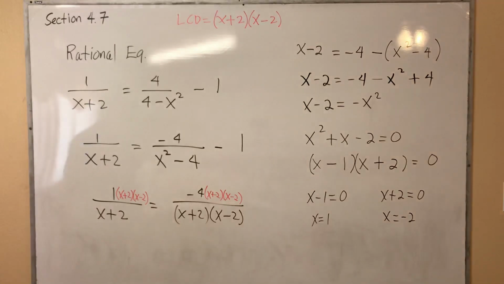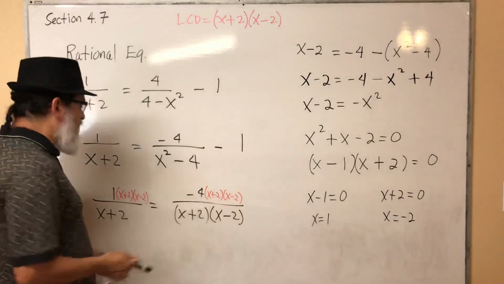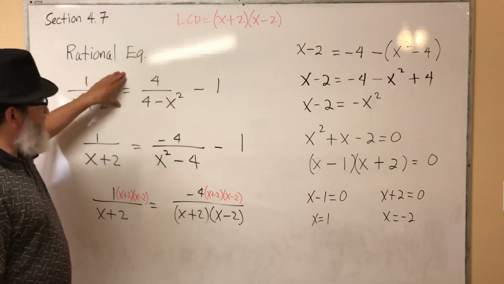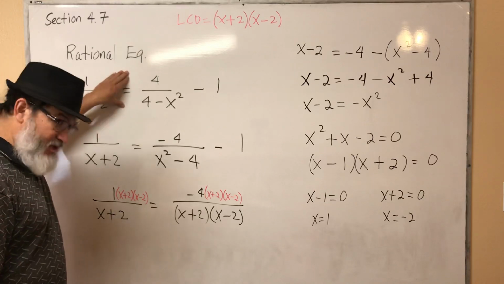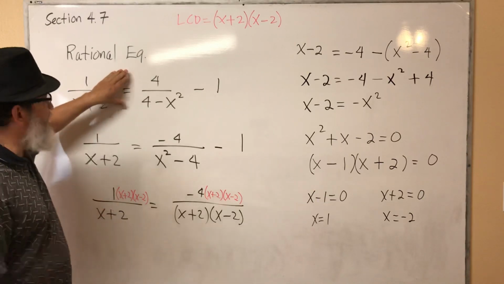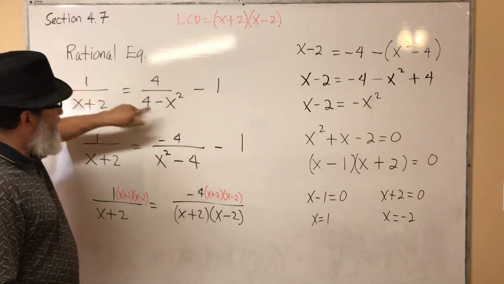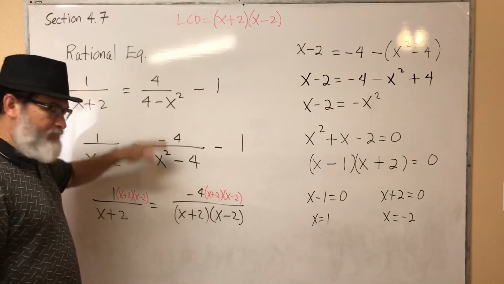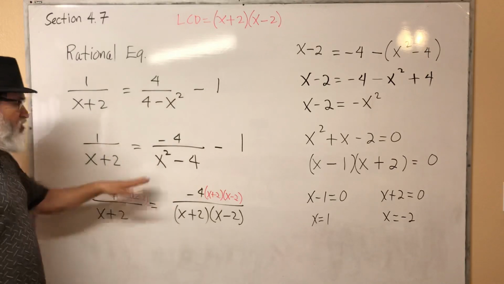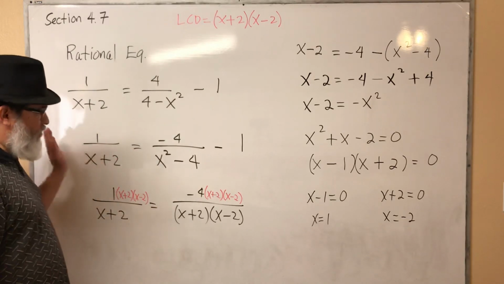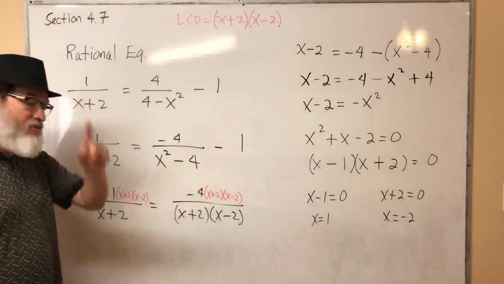Okay? So once again, what was the key? The key was, first, guys, by the way, we're not done. First, the key was to fix the denominators, okay? Once you fix the denominator, find the LCD and multiply everything by the LCD, every numerator by the LCD.